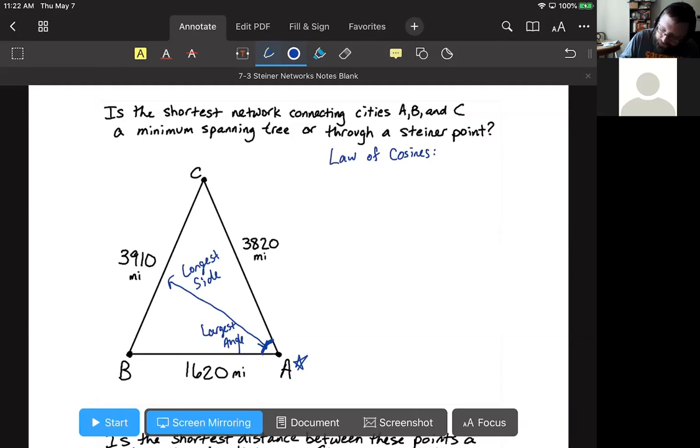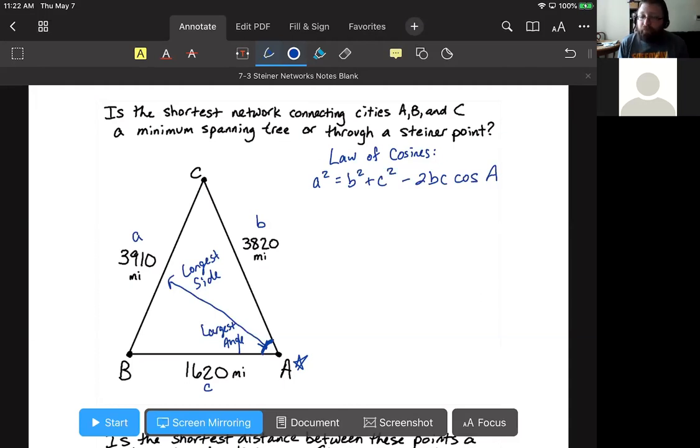Specifically, we need the version that puts angle A into the equation. Remember that this would be little a, this would be little b, this would be little c. And our equation would say a squared equals b squared plus c squared minus 2bc cosine of angle A. That is the law of cosines.